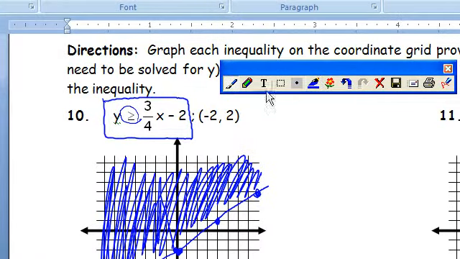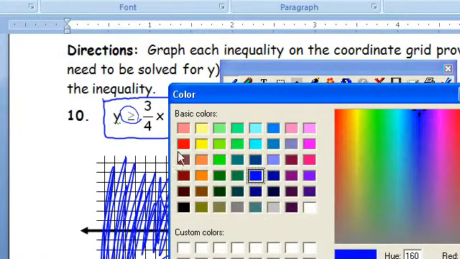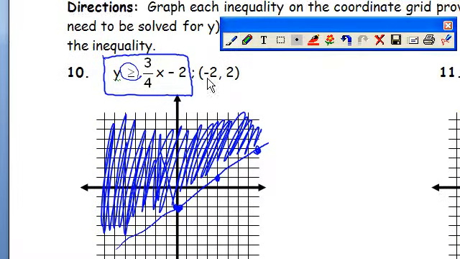So there's our shade. Now we have to ask ourselves, does the point -2, 2 lay in the shaded region? Over 2, up 2. Yes, there is our point right there. -2, 2. It's in the shaded region, therefore, yes, it's a solution.